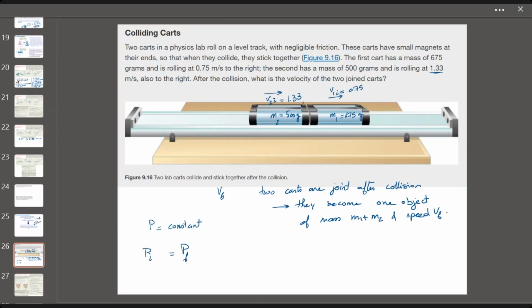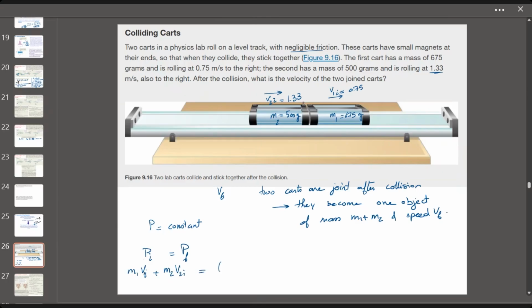Why is P constant? I have negligible friction, so nothing along the x-axis. There are no forces acting on the carts on the x-axis. So F net is 0, and thus the linear momentum is conserved. Initially, I have the linear momentum of the first cart, M1 times its initial speed, plus the linear momentum of the second cart, which is M2 times its initial speed.